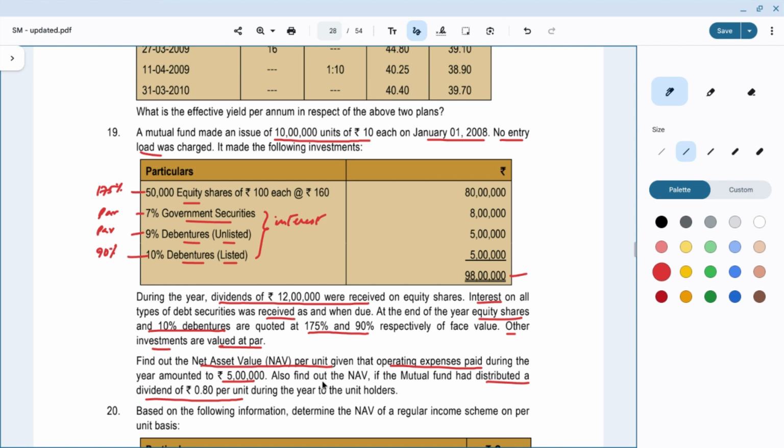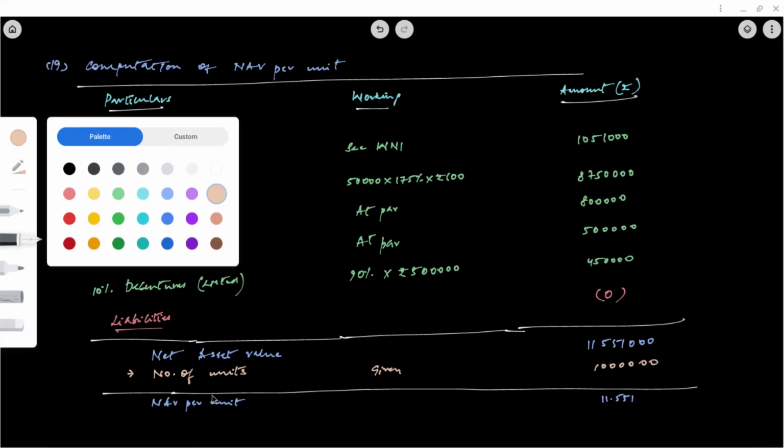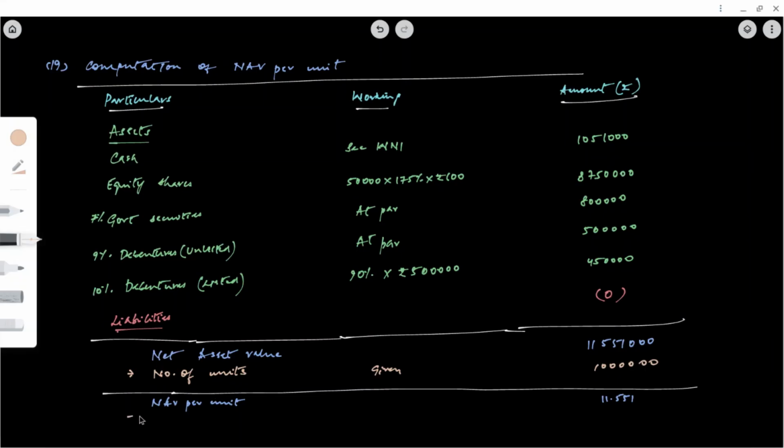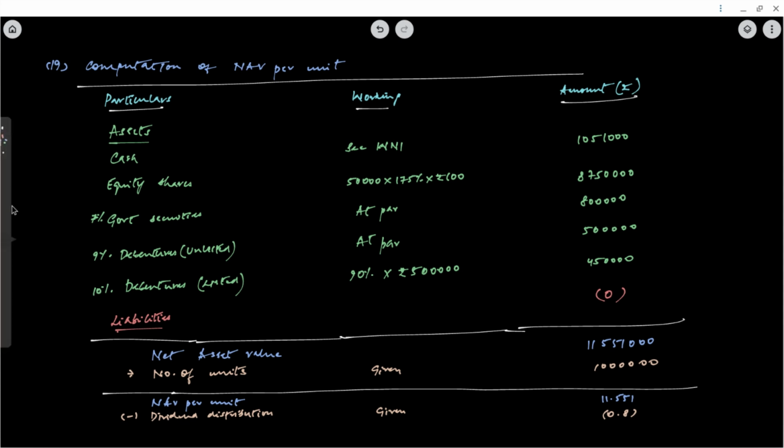NAV is 11.551. Now he's also asking to find out NAV if the mutual fund had distributed a dividend of 0.8 per unit. So if the mutual fund distributed 0.8 per unit as dividend, then what will be the NAV?